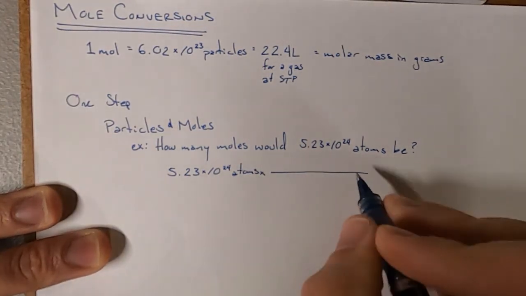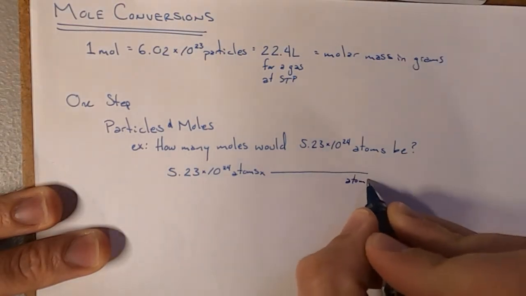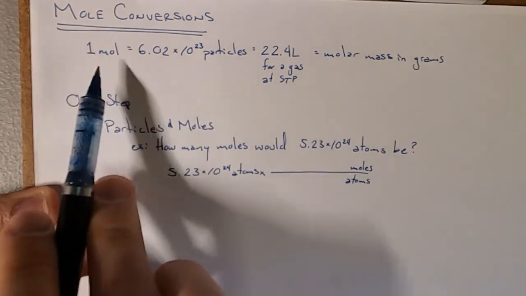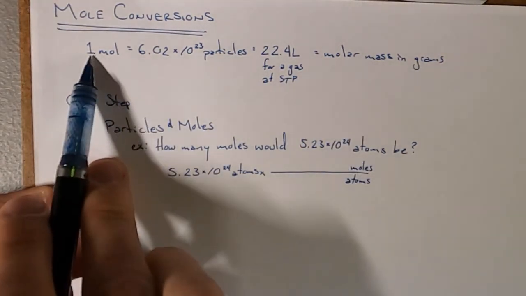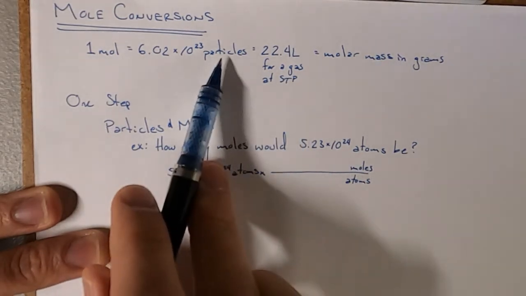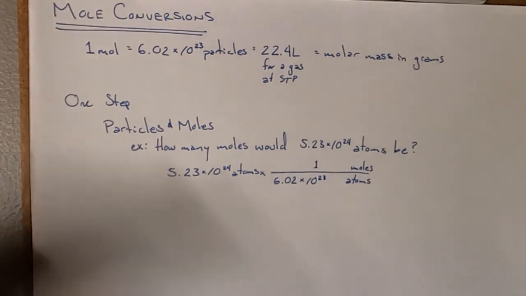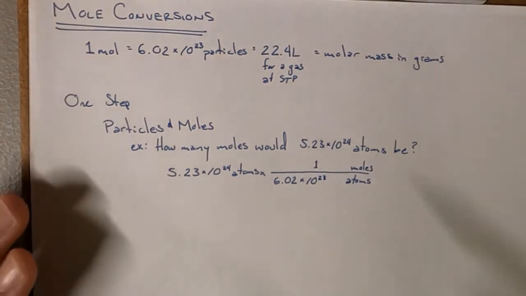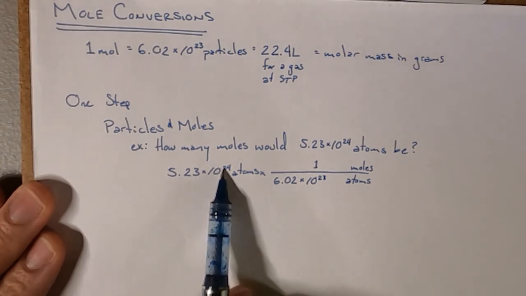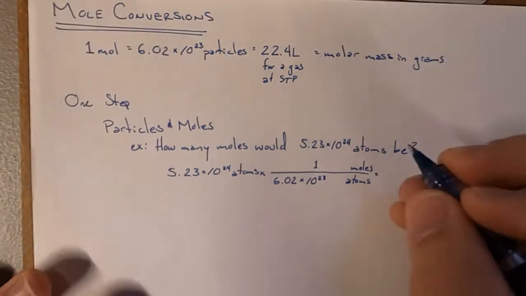We would put atoms on the bottom, and what we want, moles, on the top. And then we look back to our equalities here, and for moles, you can see that 1 mole is this many particles, atoms being a type of particle. And so we'd have to be careful to put this into our calculator correctly, but it would be 5.23 times 10 to the 24th divided by 6.02 times 10 to the 23rd.